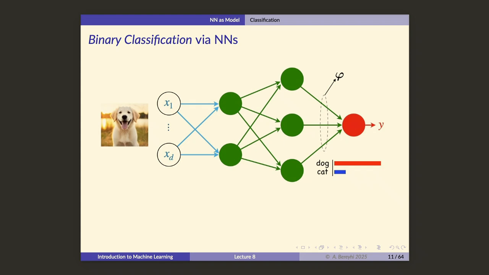So I am going to get the image, for instance, this is the image of a dog, and then I present it in the form of a d-dimensional vector, so I put all the pixels next to each other, and I pass it through my neural network, right? This is going to get processed in the neural network, with a bunch of values being computed at every single neuron, and then finally at the very last hidden layer, you're going to have a bunch of values.